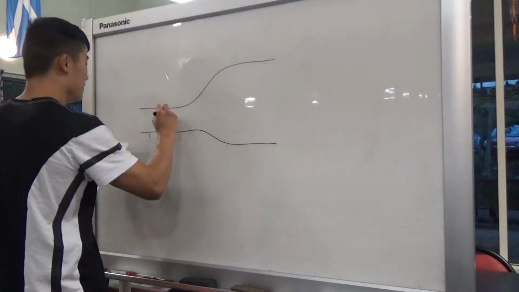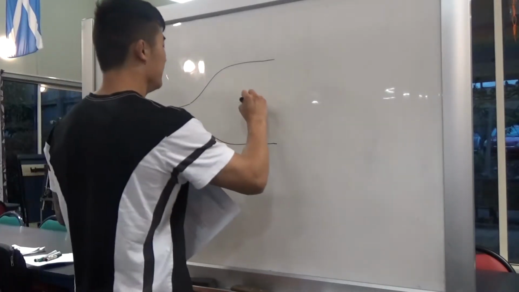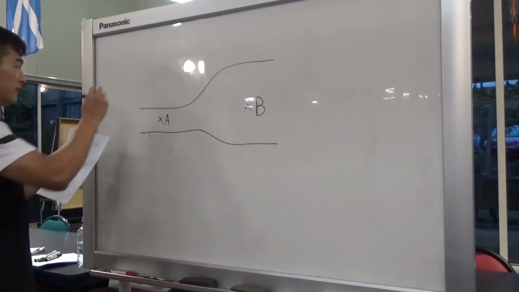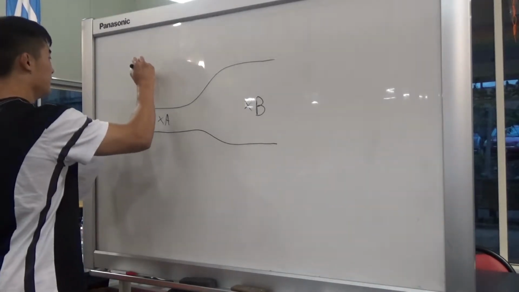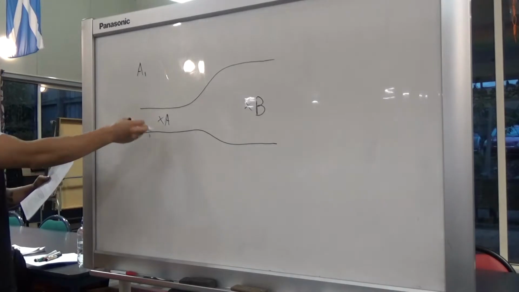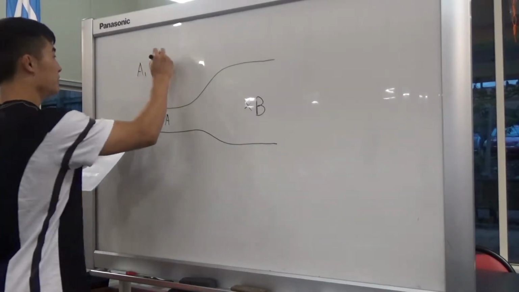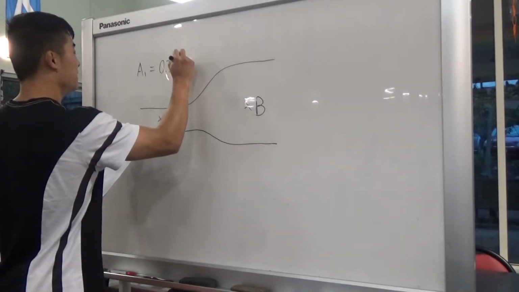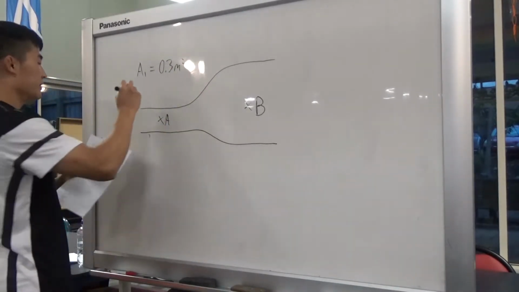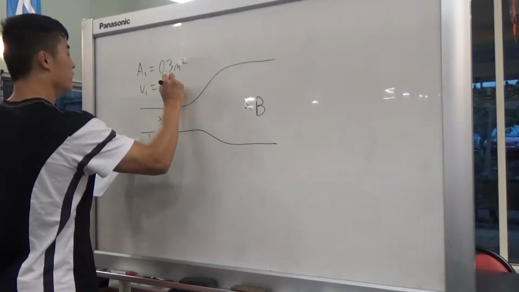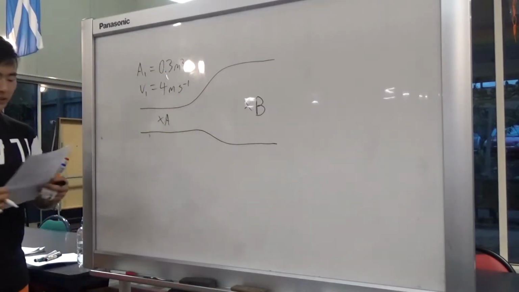So this is point A, and this is point B. Okay, and so cross-sectional area 1, so we'll call this cross-sectional area 1, is equal to 0.3 meters squared. And the velocity, so V1, is equal to 4 meters per second.